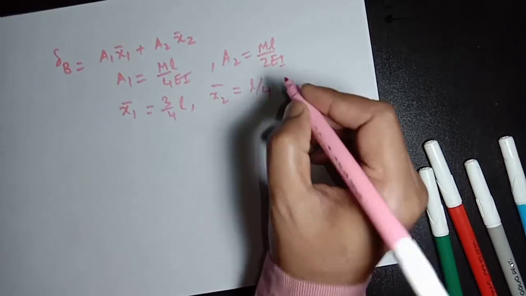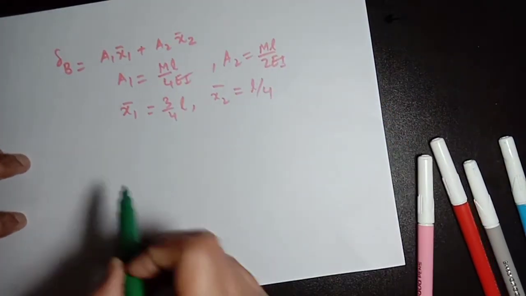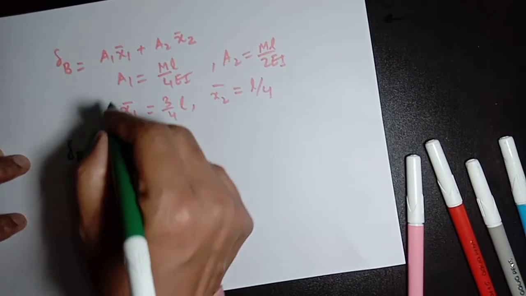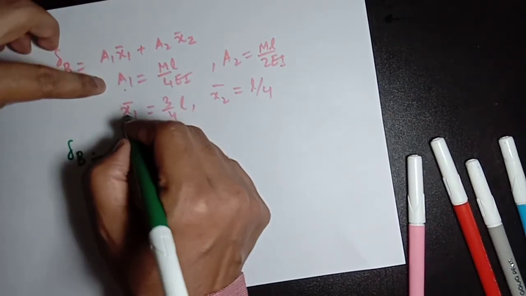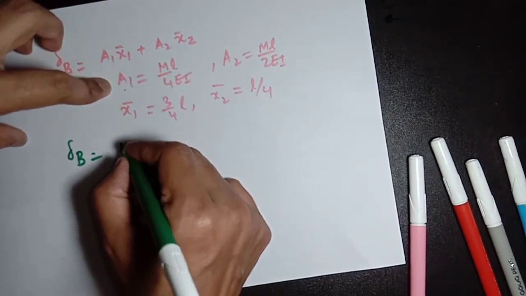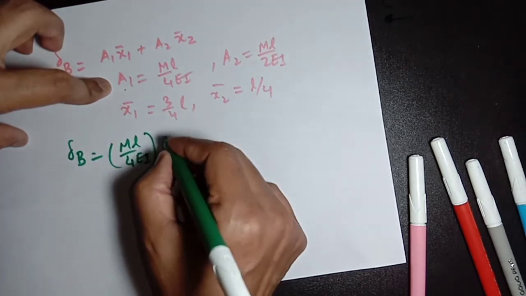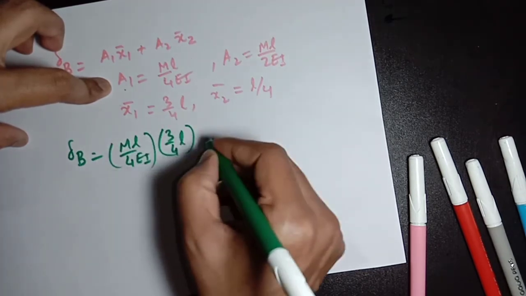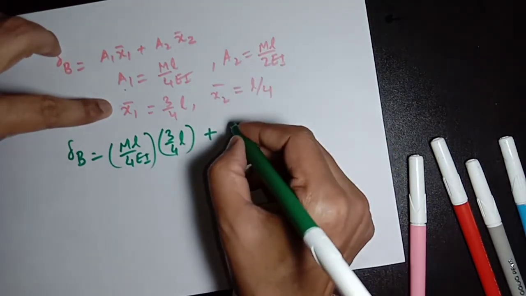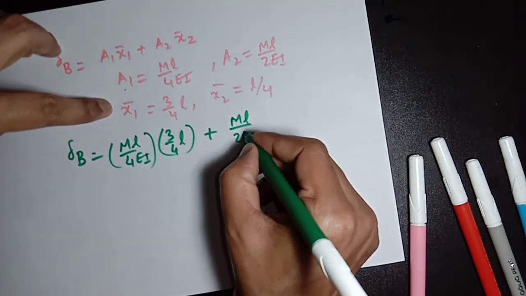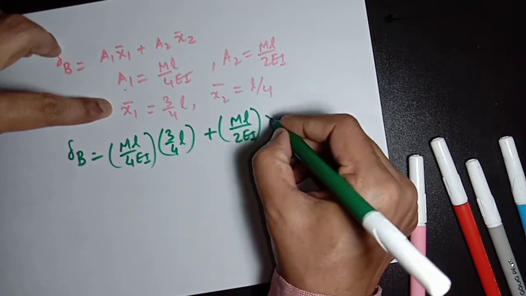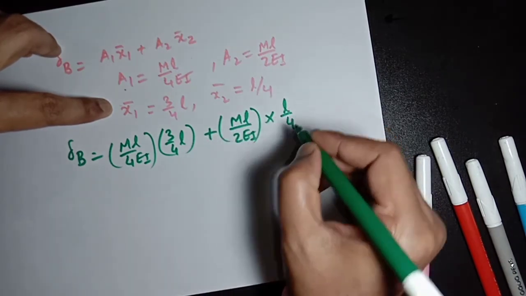So now delta B will be just multiplying A1 and x1 bar: ml divided by 4 EI multiplying with 3 by 4 L, plus A2, which is ml divided by twice EI, multiplying with L divided by 4.